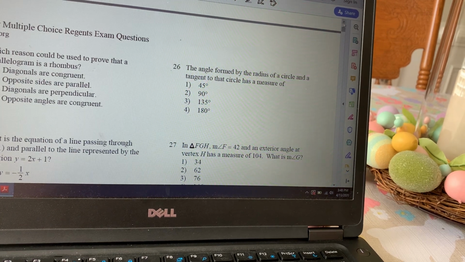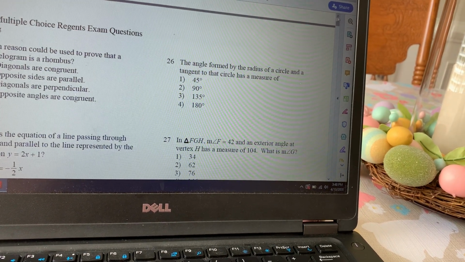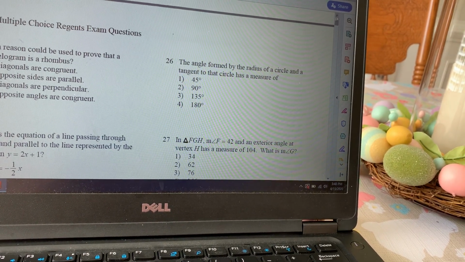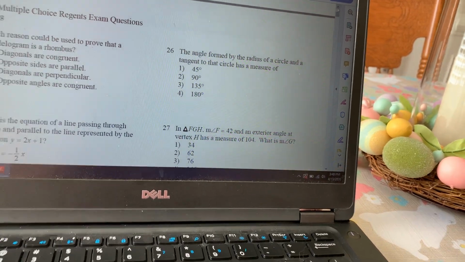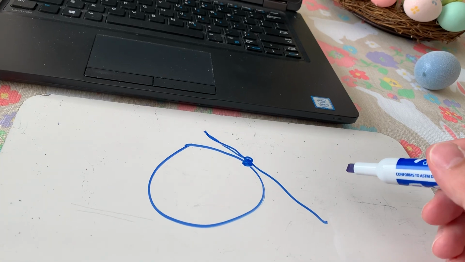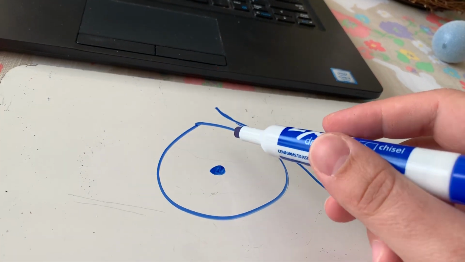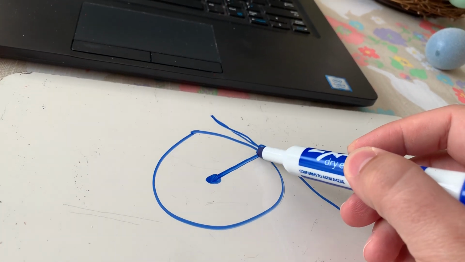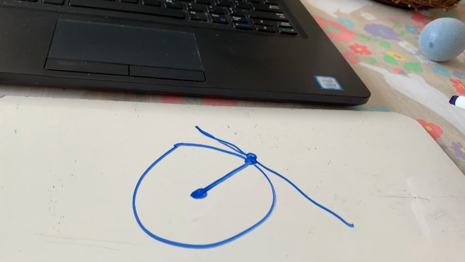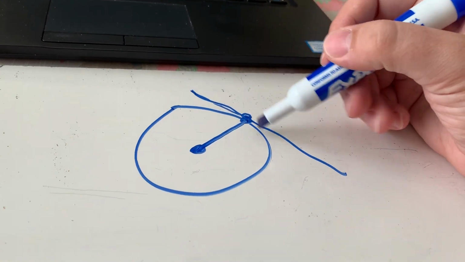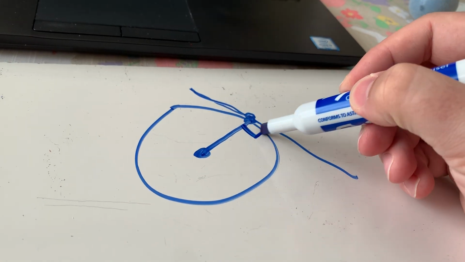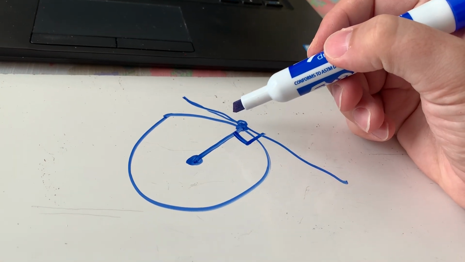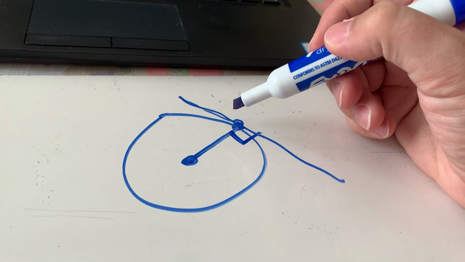All right, here's a tangent, touches the circle at one point, okay? Here's my circle. It's going to come straight out, okay? It's kind of hard to tell, but any tangent line, if you draw the radius from the center, it goes straight to it, is going to form a right triangle, okay?